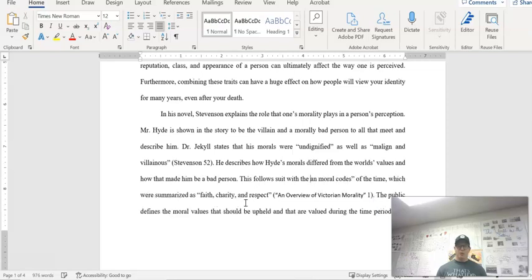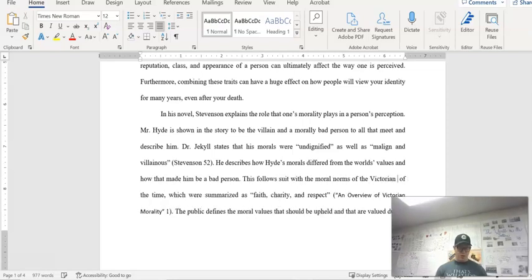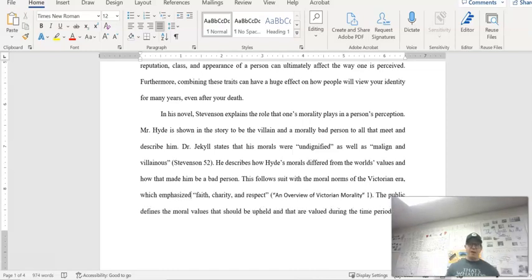And I would put: this follows suit with the moral norms of the Victorian era, which emphasized faith, charity, and respect.